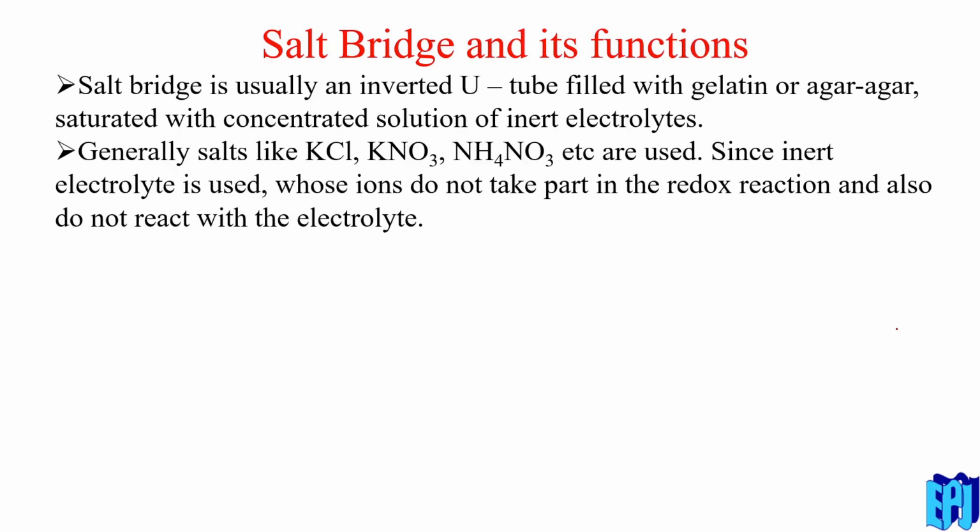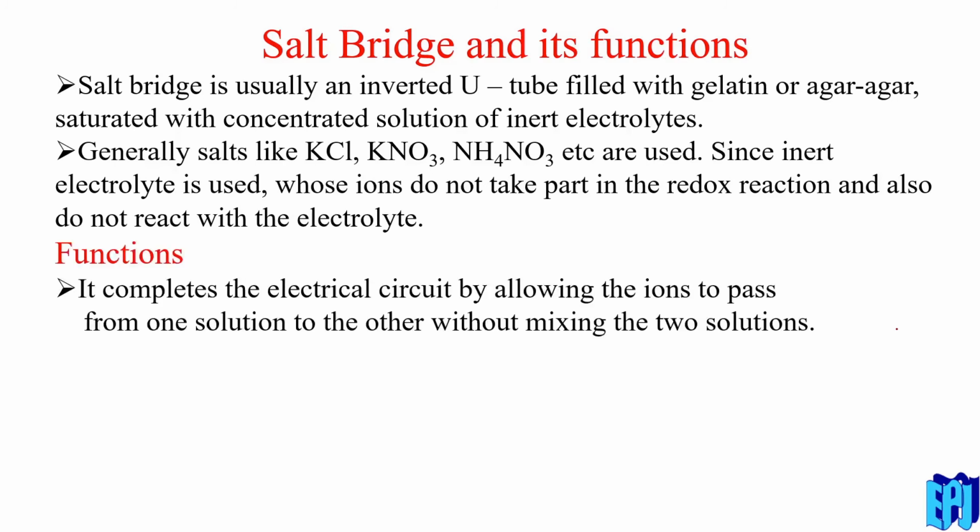It is a U-shaped tube filled with agar-agar or gelatin with a highly concentrated inert electrolyte. What are the functions? Let us discuss. The first one is that it completes the electrical circuit by allowing ions to pass from one solution to the other without mixing the two solutions.